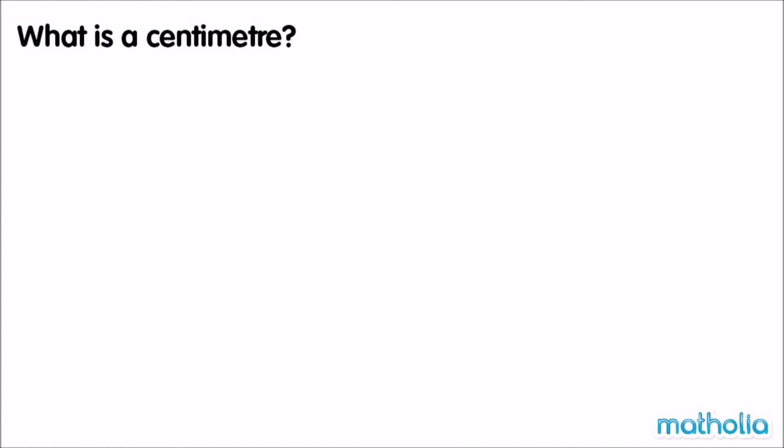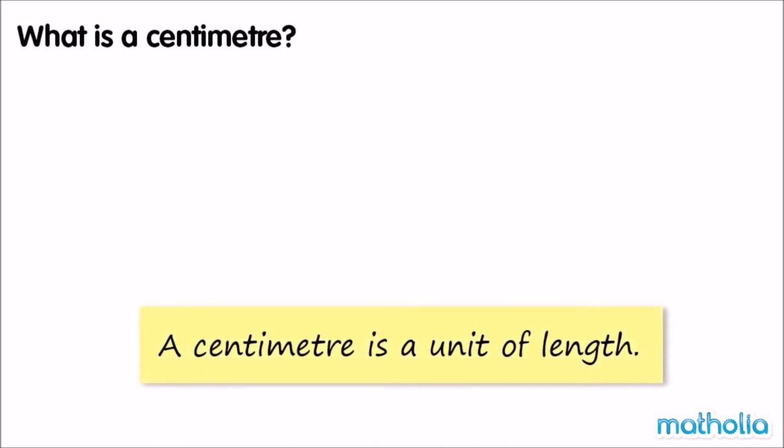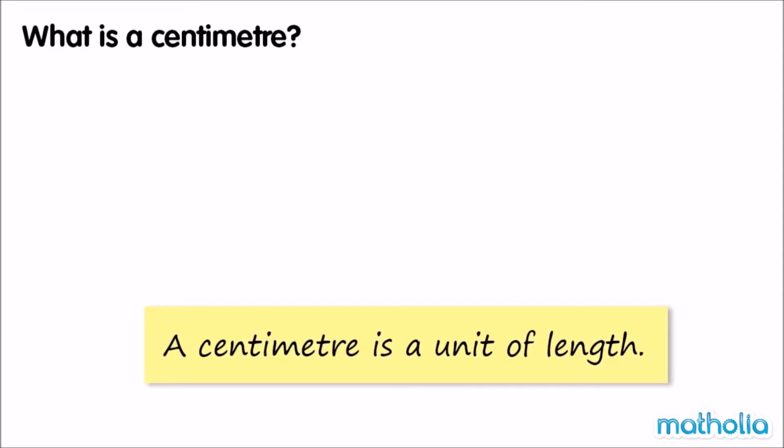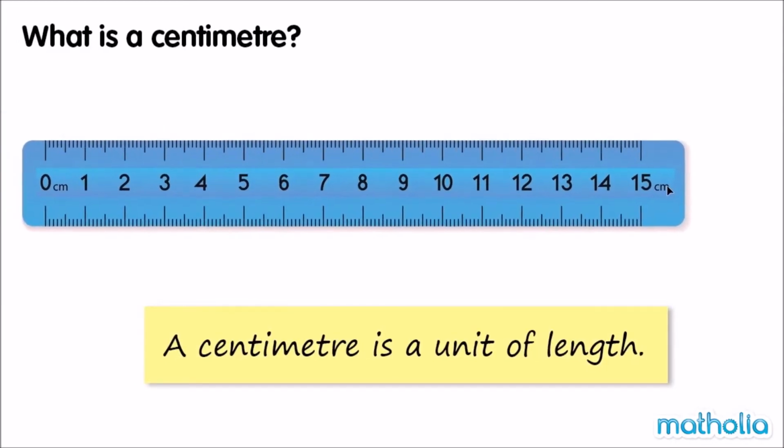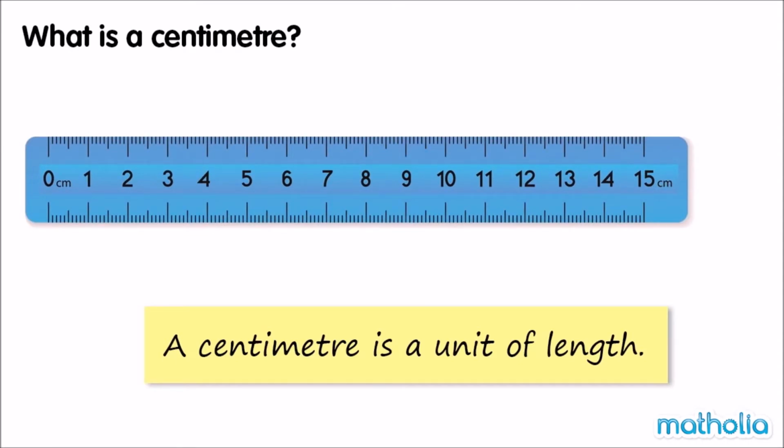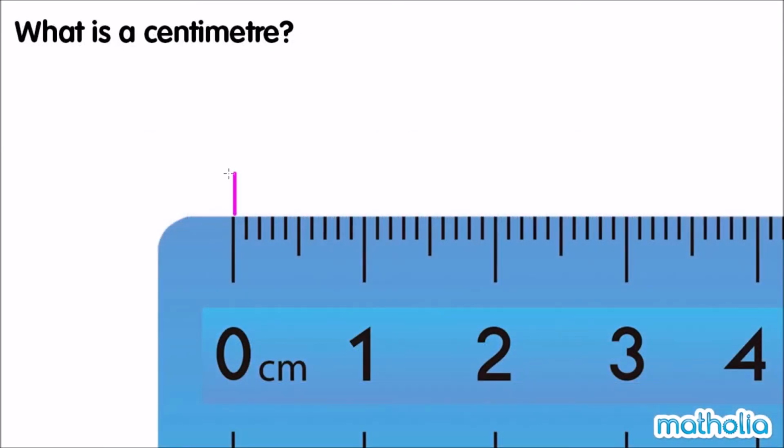What is a centimetre? A centimetre is a unit of length. We can measure centimetres using a ruler like this. We write 1 centimetre as 1 cm.